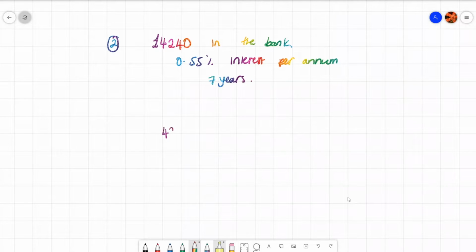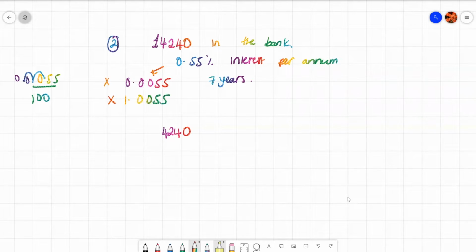Okay, so I've got 4,240. Well, 0.55% as a decimal, let's work that out. So we're going to do 0.55 divided by 100, aren't we? So it's going to be 0.0055. But if I'm going to make something bigger by 0.55%, it's 1.0055.